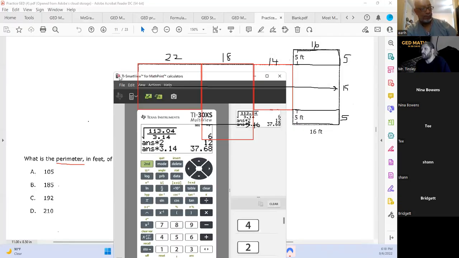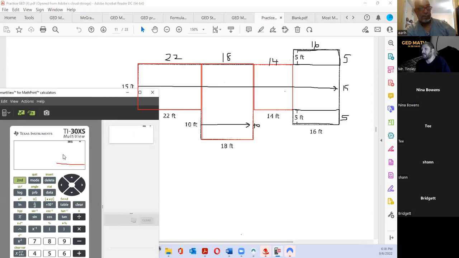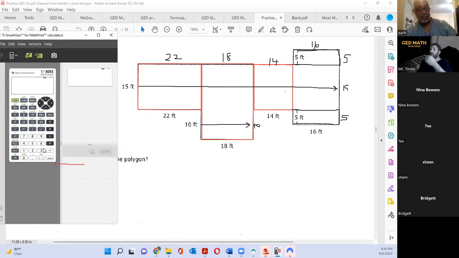So you go to each one. Let me clear it out. Let me get it all in there. I'll have to make it smaller for right now. So 22 plus 18 plus 14 plus 5 plus 16 plus 5 plus 15 plus 5.